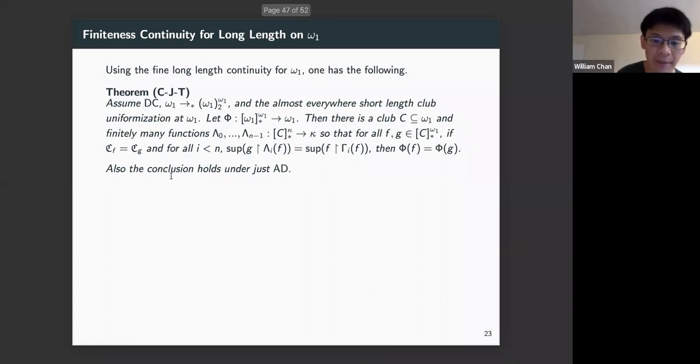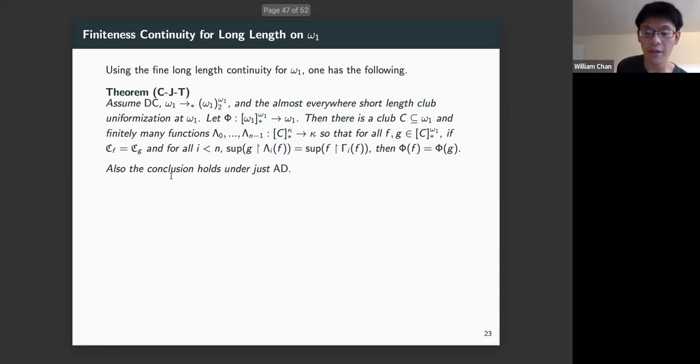Assume dependent choice, omega 1 is a strong partition cardinal, and the club uniformization principle holds at omega 1. Fix a function phi from omega 1 to omega 1 into omega 1. Then you can find a club subset of omega 1 and finitely many functions, lambda 0 to lambda n minus 1, so that for any f and g passing through this club, the new condition is that the closure point of f has to be equal to the closure point of g, so they share the exact same closure point.